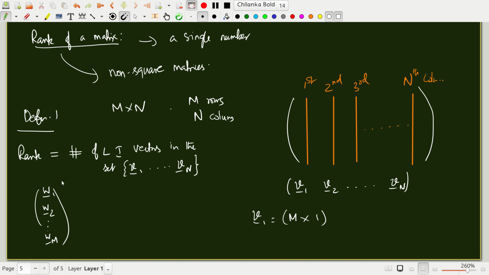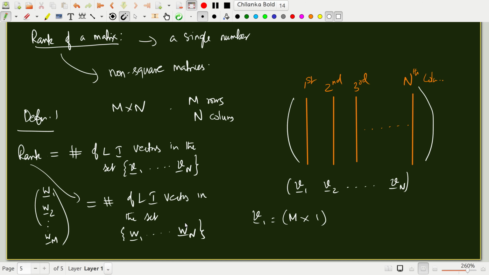Where each of these is a row vector. Now the same rank is also the number of linearly independent row vectors in the set w1 to wm.